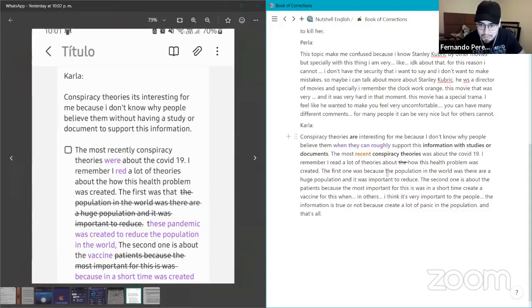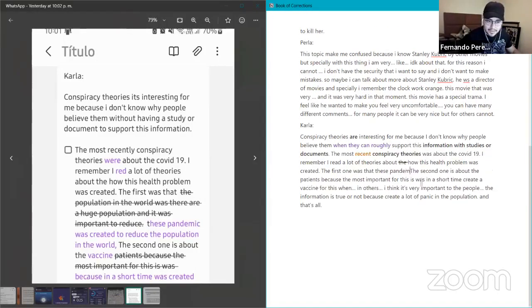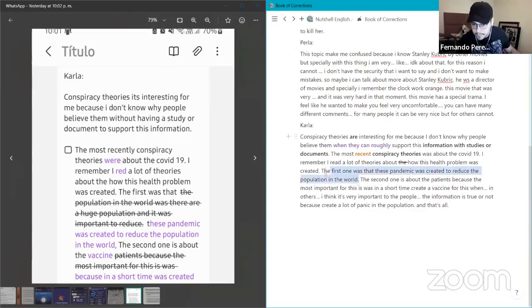The first one was that this pandemic was created to reduce the population in the world. Okay, there is a mistake here.